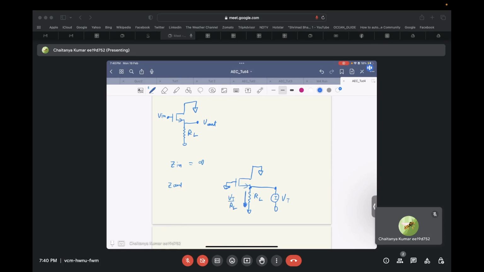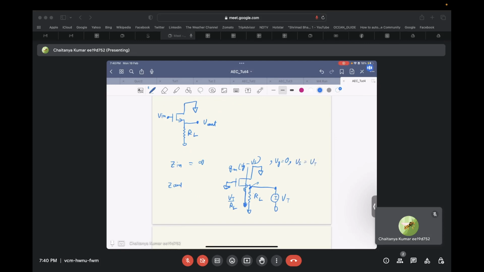And since we are applying a voltage to the source terminal of the transistor and the gate terminal is grounded, the current flowing from the drain to the source will be Gm times (Vg minus Vs), where Vg is equal to 0 and Vs is equal to Vt.